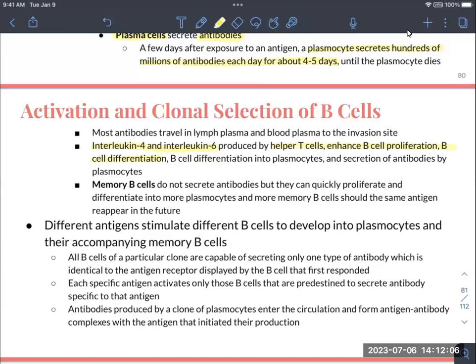All B cells have a certain clone, so they can secrete only one type of antibody. Each specific antigen can only activate the B cells that can secrete the specific antibody for that antigen.